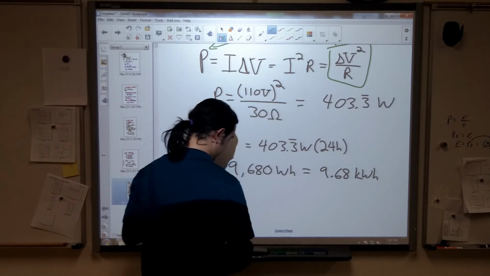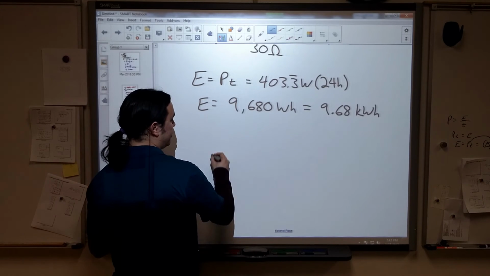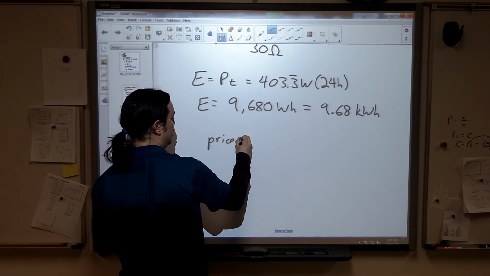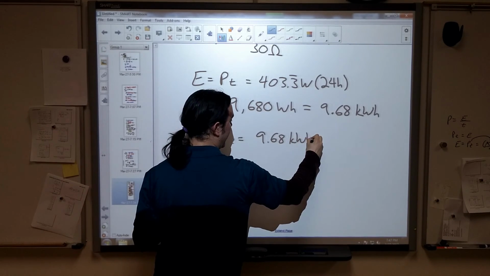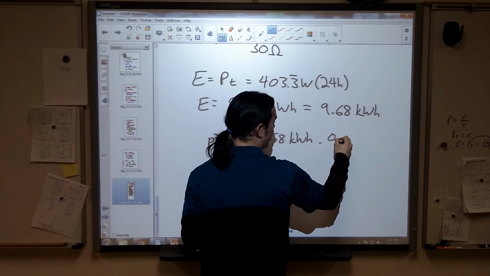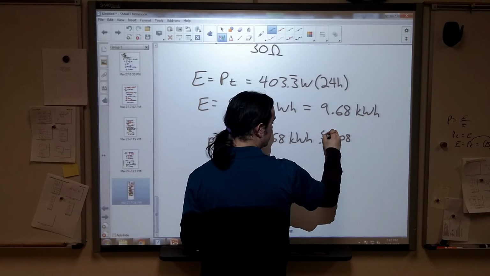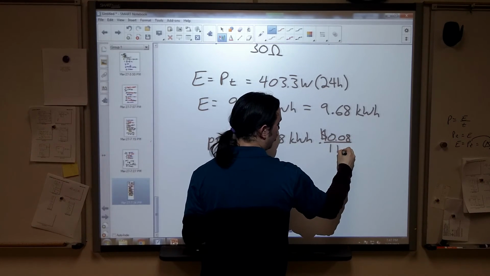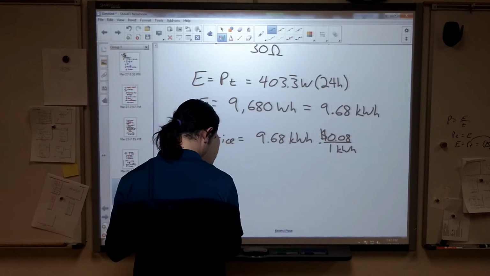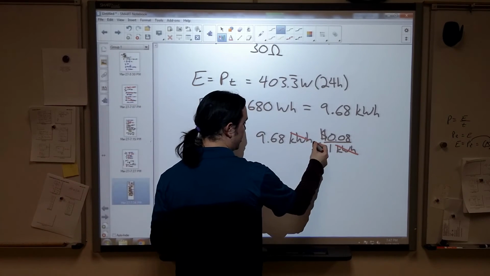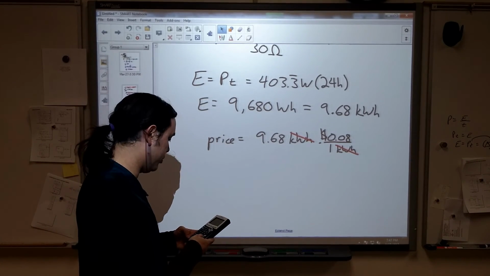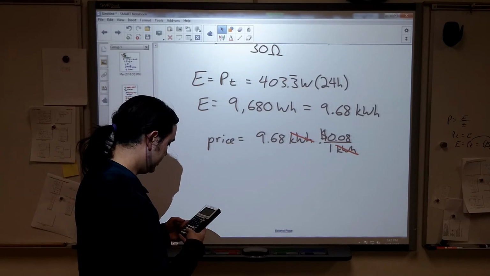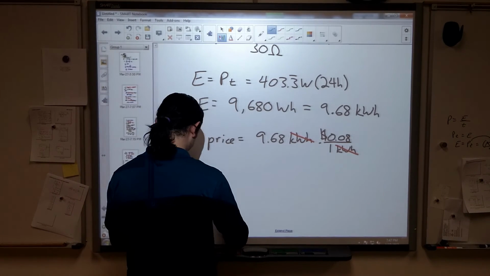We get to our last step, that the price is equal to 9.68 kilowatt hours times $0.08 for 1 kilowatt hour. Kilowatt hours cancel out. We multiply these out, so divided by 1,000 to put it in kilowatts, times 0.08.